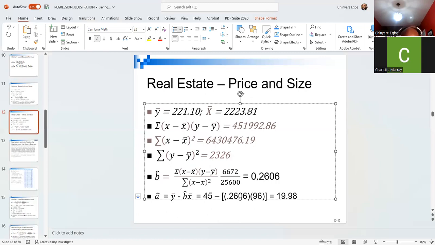Okay, we didn't get y minus y bar squared. I'm going to get it. So for now, I'm going to take it out from here.